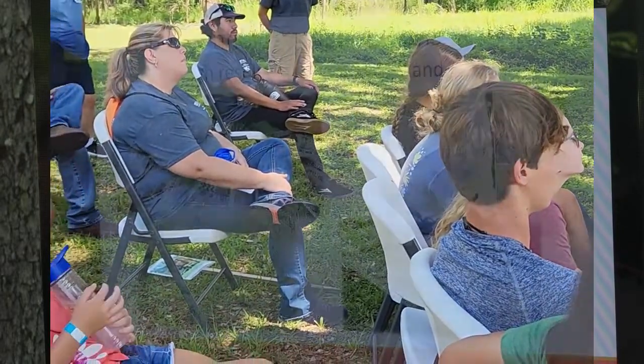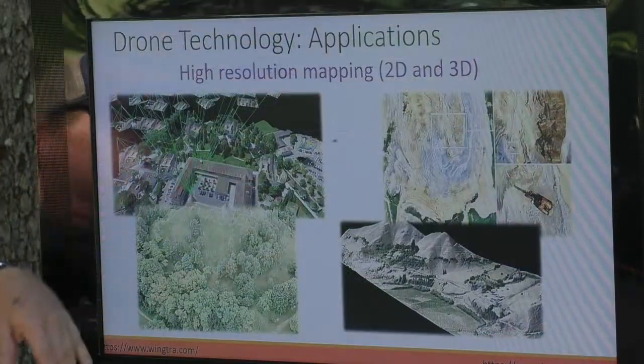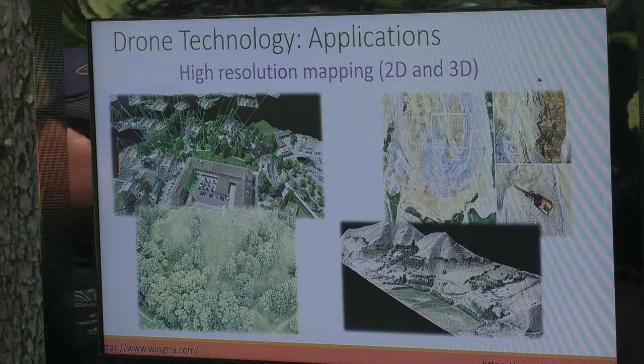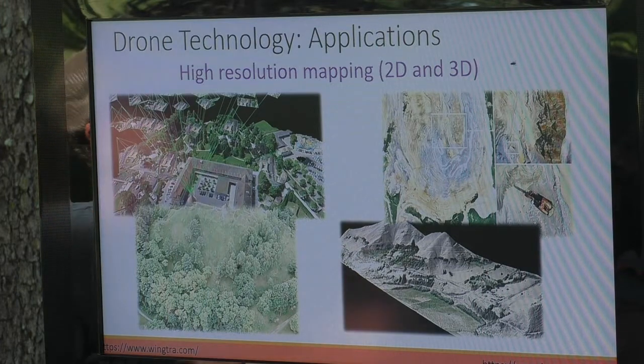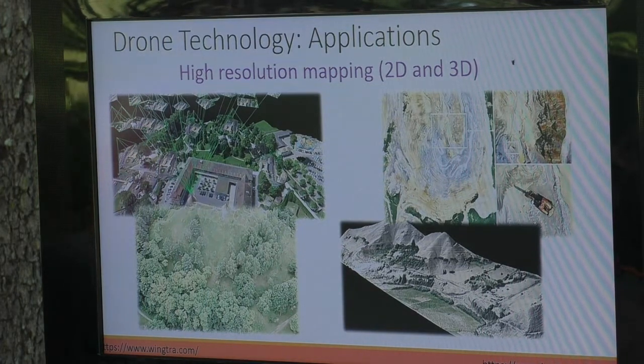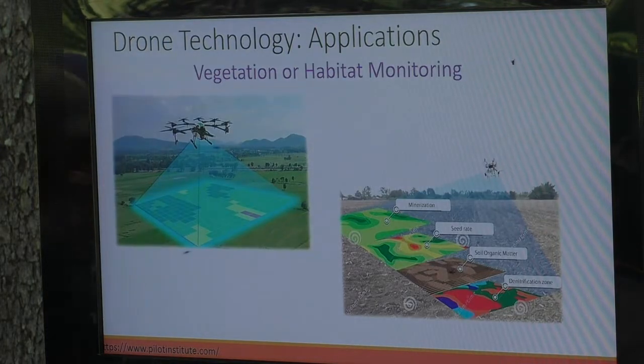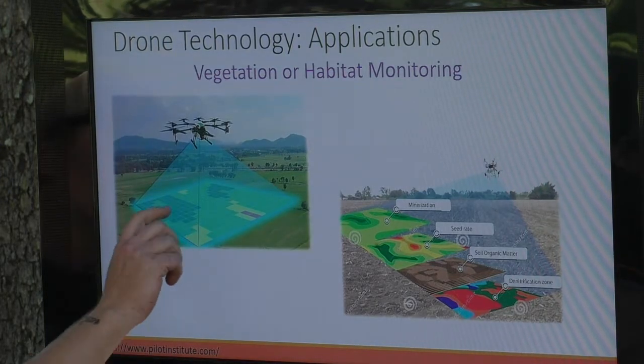So applications, again, two-dimensional and three-dimensional mapping. Three-dimensional mapping is super cool. I've seen videos where they fly around an entire skyscraper and record it, and then we just create this awesome three-dimensional visual map, I guess, of the skyscraper. It's used a lot in construction. Vegetation, habitat monitoring, plant productivity.